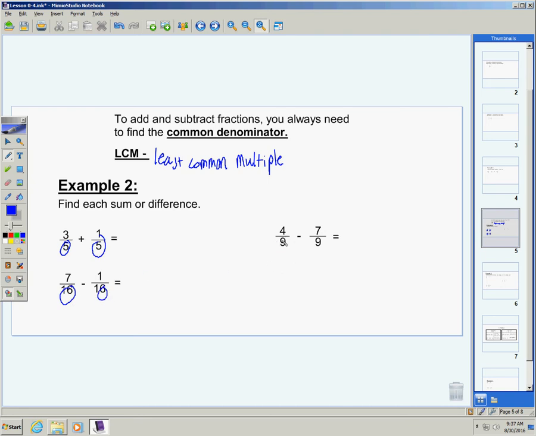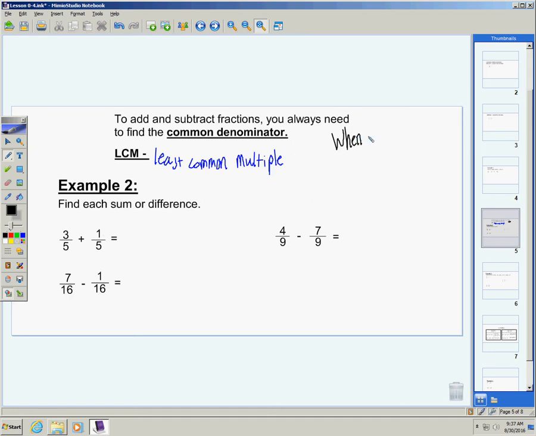And whenever you have a common denominator with a fraction, it makes it really easy because all you then do is add and subtract the numerators. Remember though, when you add or subtract, the denominator doesn't change. So you might want to write this down.